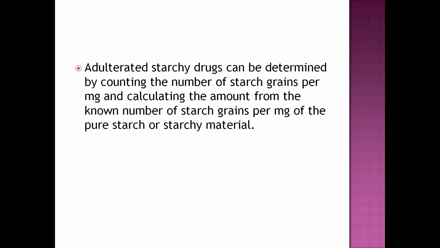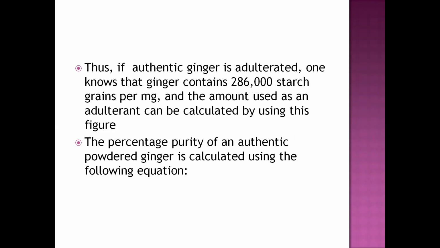And with this method you can also find adulterated starchy drugs by counting the number of starch grains. Number of starch grains अगर आप per mg calculate कर सकते हो as per आपका pure starch में कितना है, और adulterated अगर आपका है तो उसमें इतना नहीं है, तो you can say your drug is adulterated.